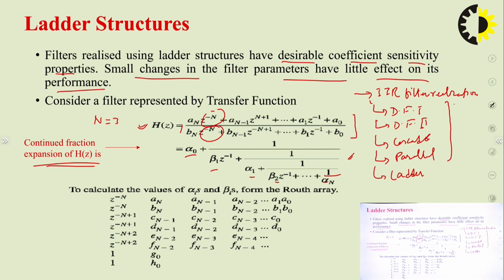Okay. So now the important aspect is how we will calculate these coefficient values alpha naught, beta 1, alpha 1, beta 2 and so on up to alpha n. These coefficient values can be calculated using a method given by Routh. Routh is a scientist who has given one method by which we can calculate these filter coefficients.